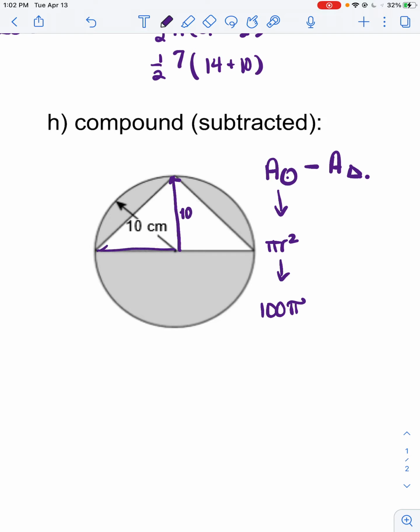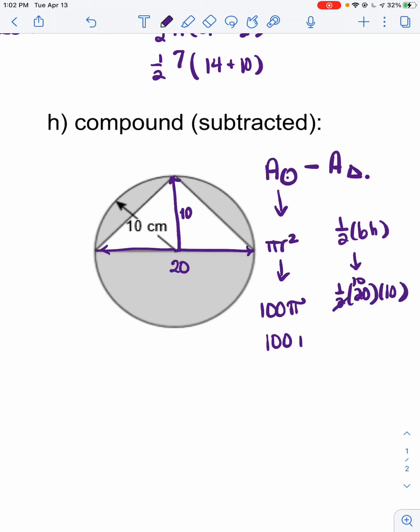And then I can draw the radius twice here, or a diameter. That gives me my base. So my area of a triangle is 1/2 base times height. In this case, it's 1/2 of my 20 times my 10.